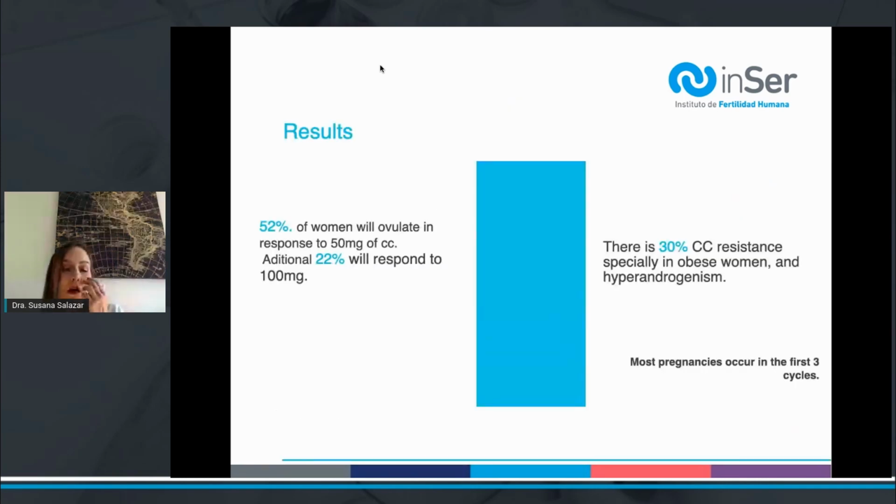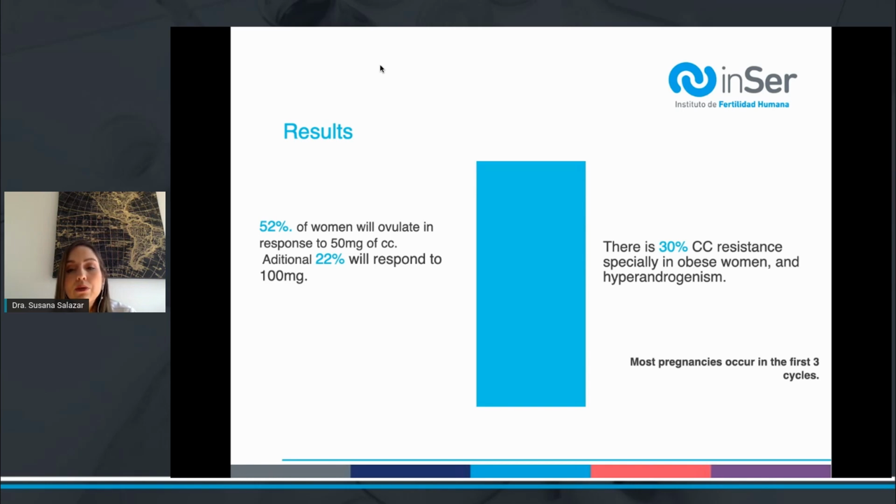The results are that 52% of women will ovulate in response to 50 milligrams of clomiphene. An additional 22% will respond with 100 milligrams. There is 30% of clomiphene resistance, especially in obese women and those with hyperandrogenism.